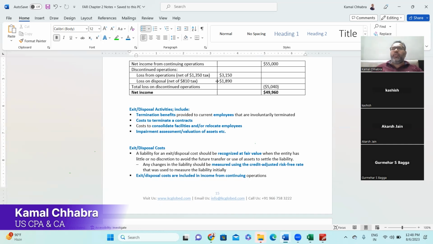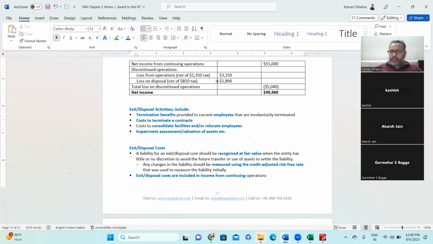If I discontinue before 6 months, I'll pay you for 30 days. Okay. Right? If you have a rent agreement and if you are discontinuing the rent agreement, there is some lock-in period. For that lock-in period, you have to pay the rent. Make sense? Yes sir. So those are disposal costs and have to be valued at fair value.